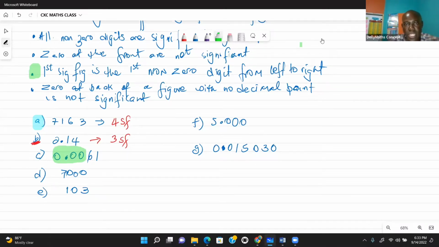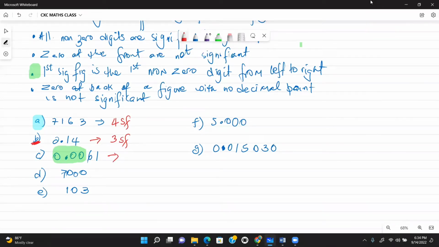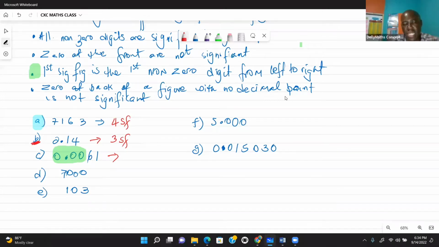So then, how many significant figures do you think we have here? Yes, 2. So in this case, we only have 2 significant figures because the first significant figure would have been a 6 and the second one would have to be a 1. These zeros give value to the number, but they are not classified under the significant figures because they are zeros at the front.